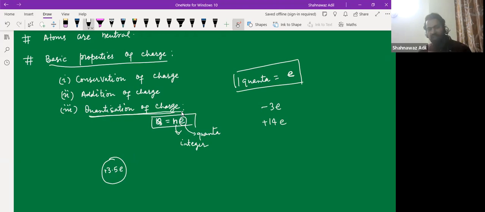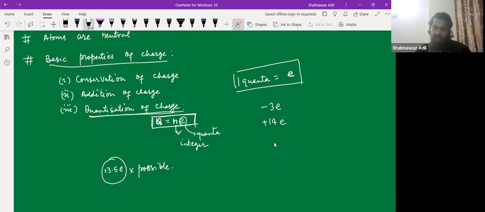The charge on a material is always some whole number of electrons. So that is how we define quantization of charge. So this is not possible. Okay, clear? We have used this numerous times.